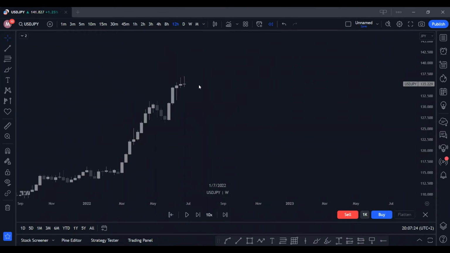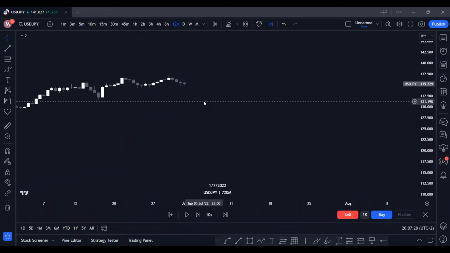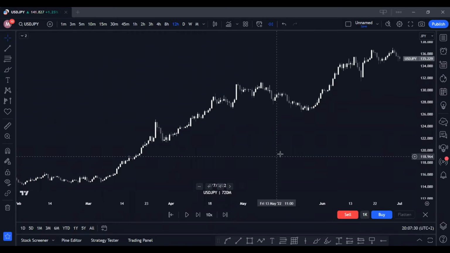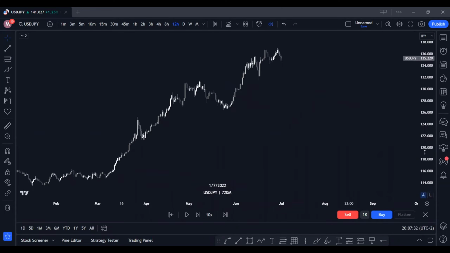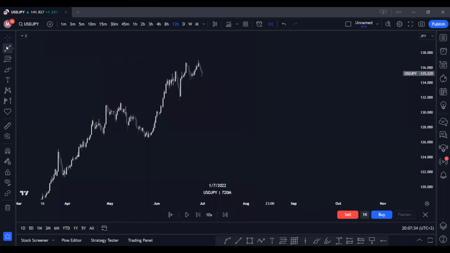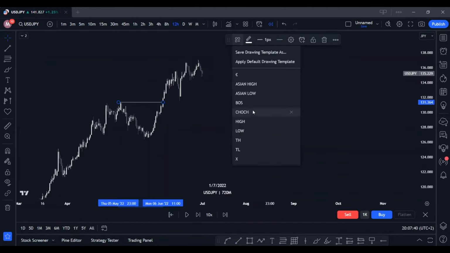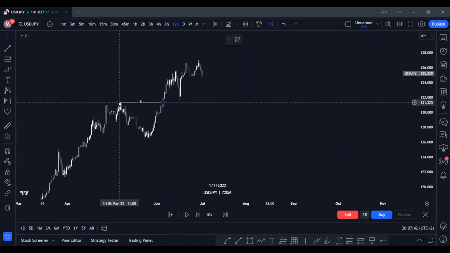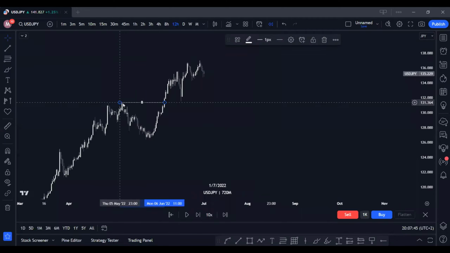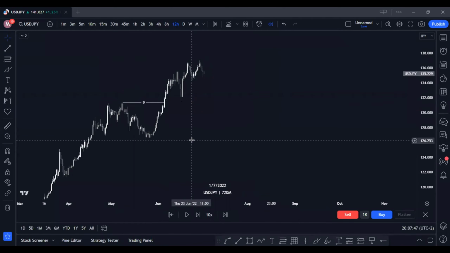Go to the 12-hour chart. As you can see here, we have USD JPY on the 12-hour chart. Price gave us a break of structure here as we are in a bullish trend, creating our higher highs and higher lows.